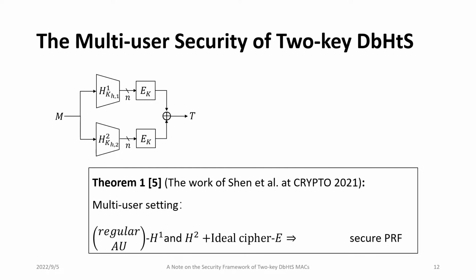At Crypto 2021, Shen et al. revisited the security of the 2-key DbHtS framework in the multi-user setting elaborately, and showed their conclusion in Theorem 1.